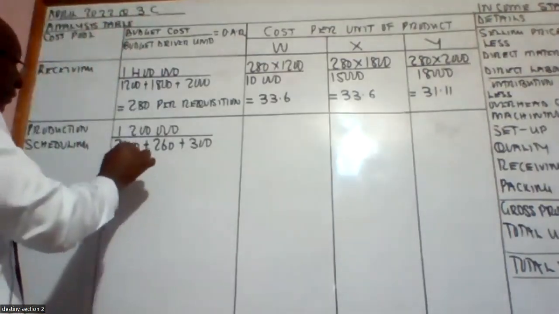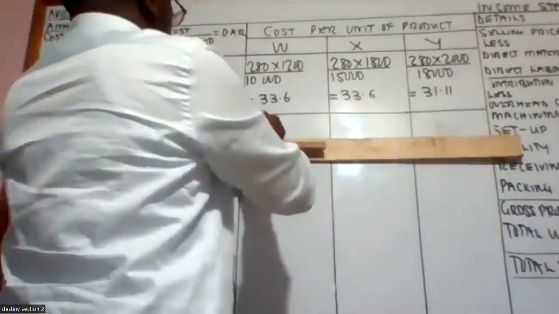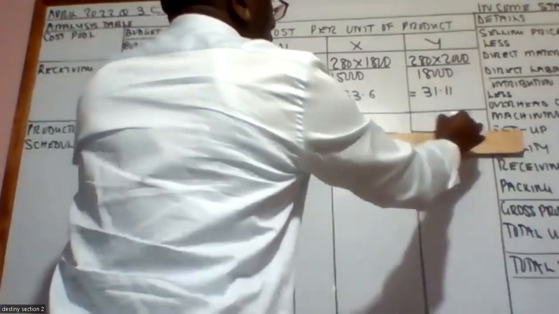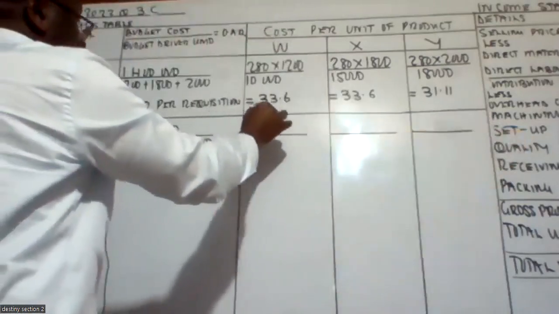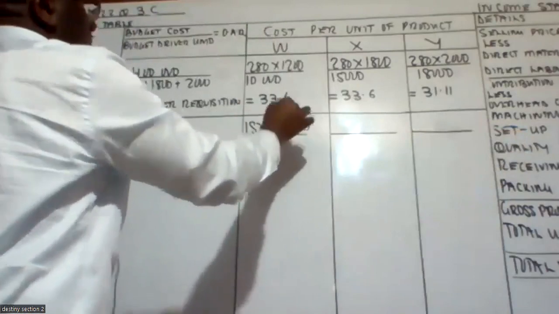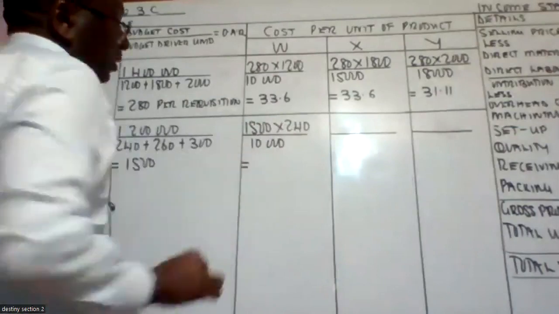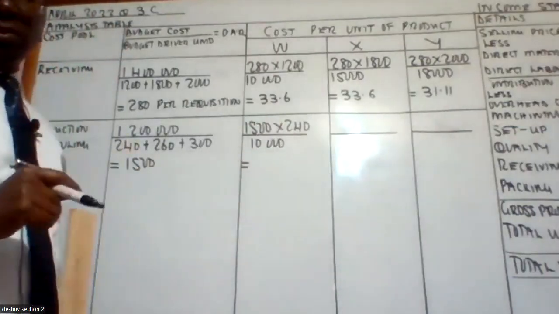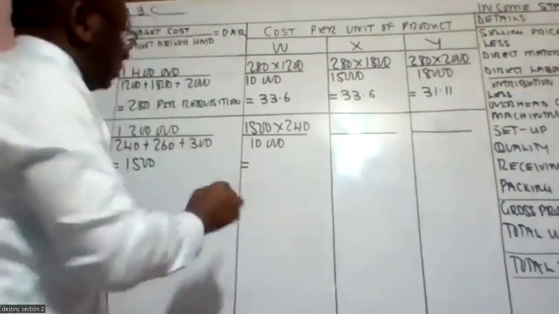Good. 1500. So now when we come here, it will be 1500 times 240. You divide by 10,000. That is 36.